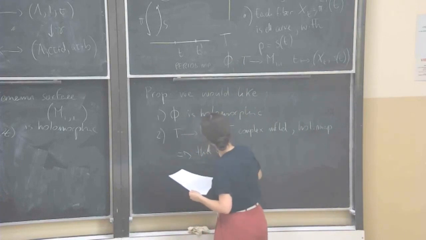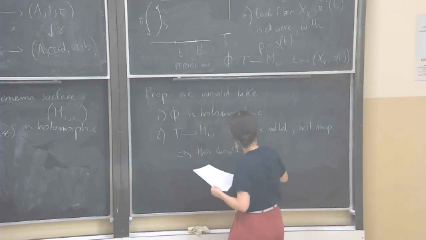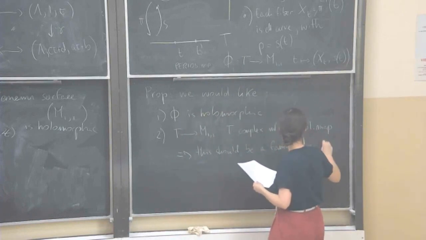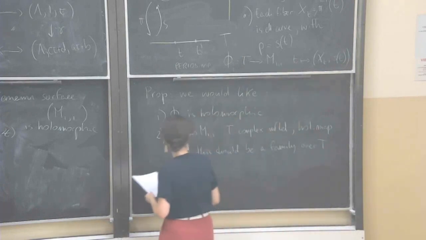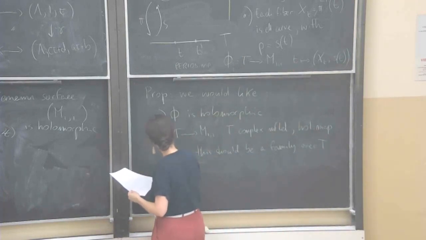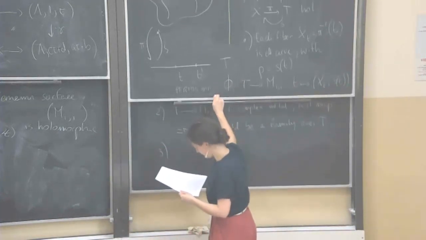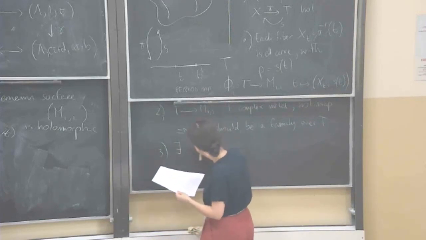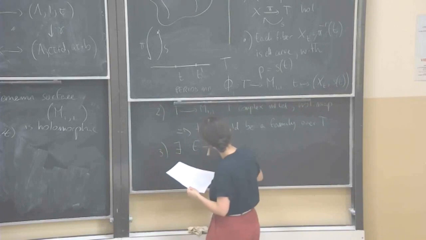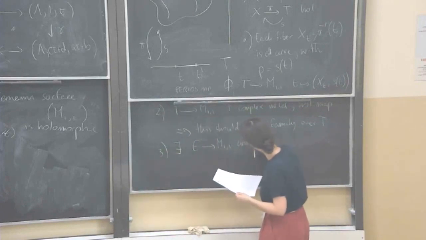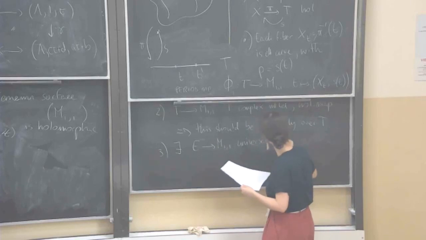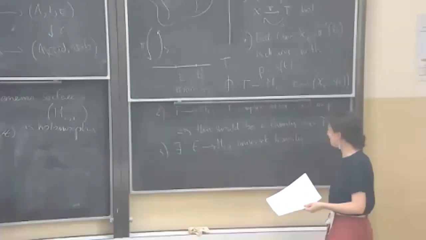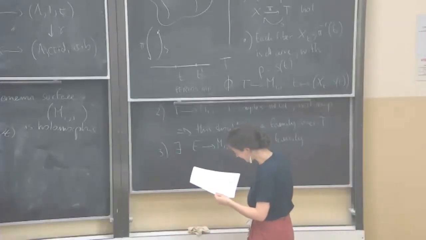This should be a family of elliptic curves over T. And then the third thing we ask is that there exists a universal family, which means well, what you expect from the universal properties of stuff.